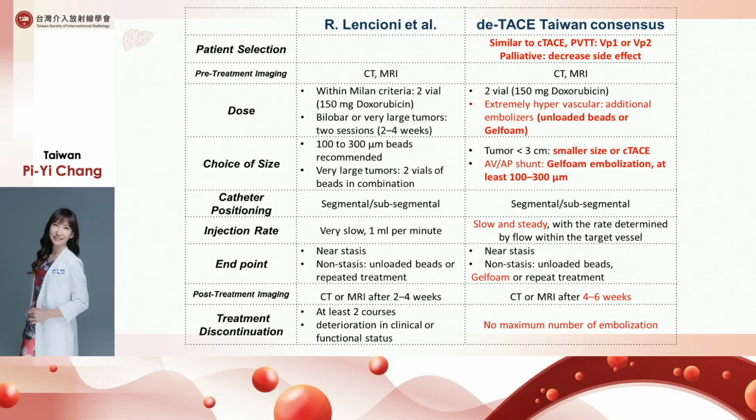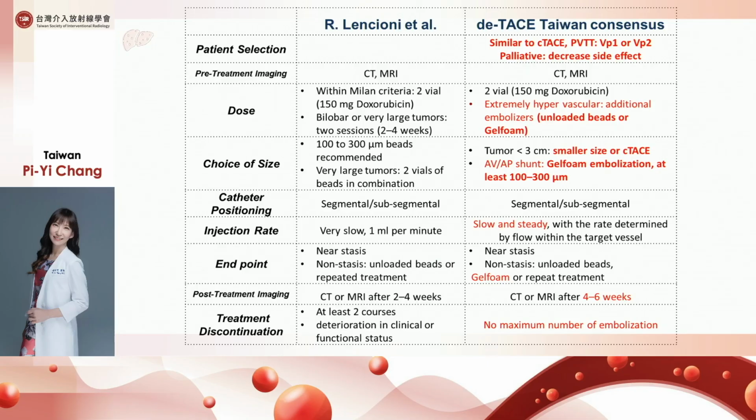Regarding patient selection, we can do DEB-TACE similar to cTACE, even extending to patients with portal vein tumor thrombosis, VP1 or VP2. And sometimes we do it for palliative treatment because we want to decrease the side effects. And also, most of the time we have larger tumors, so we usually have extremely hypervascular tumors.